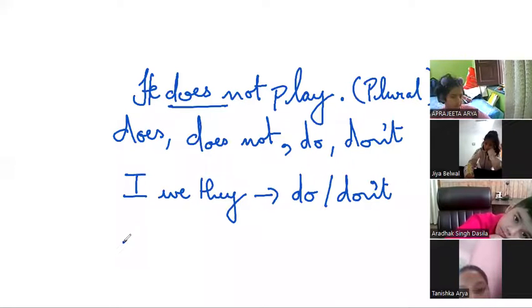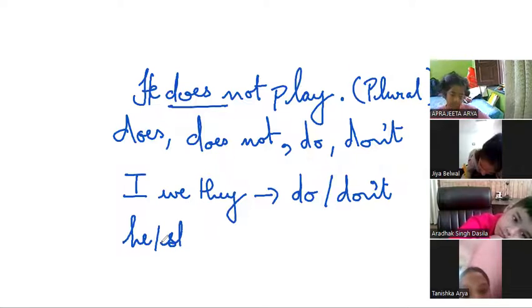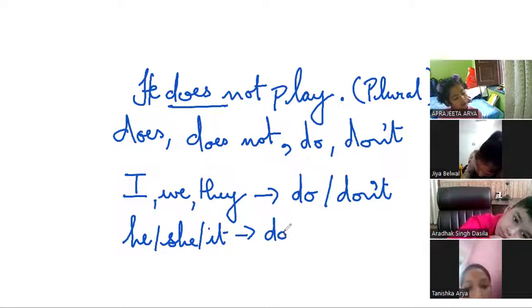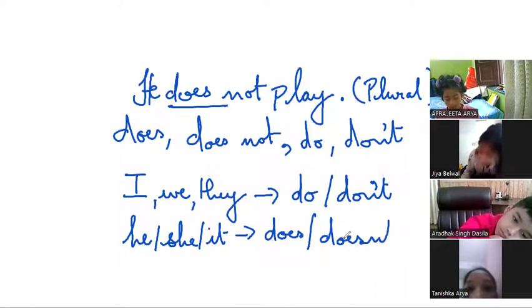But when I talk about he, she, it, right? It will be does and doesn't, or does not. He doesn't, she doesn't, it doesn't.